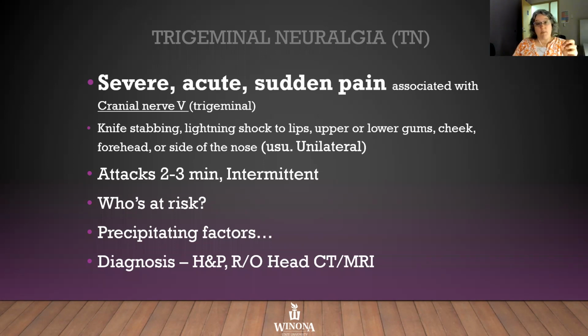Diagnosis for people with trigeminal neuralgia includes a robust health history and physical, and then they'll also do a head CT or MRI to rule out any other problems, perhaps a tumor impeding on nerve number 5 and creating the problem, rather than it being true trigeminal neuralgia.